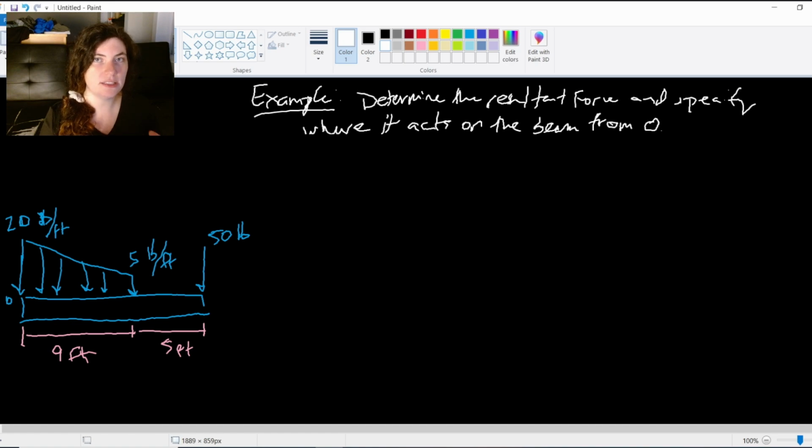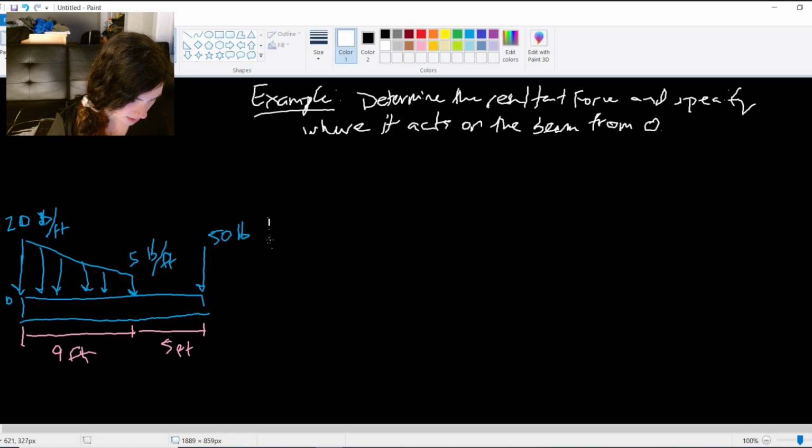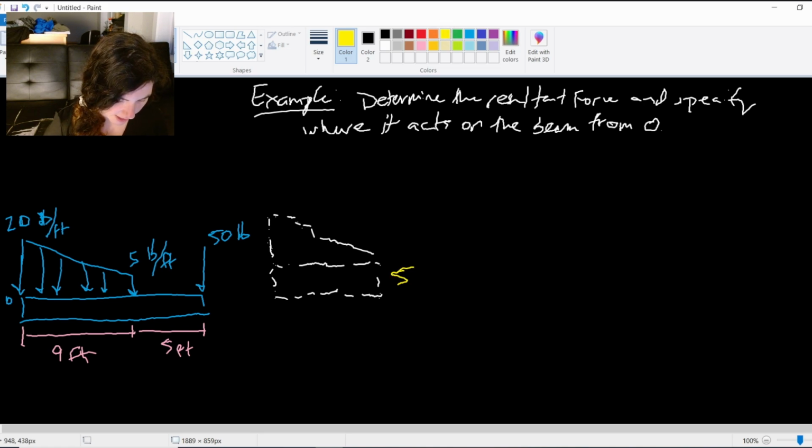So when we break this down into these areas, we should keep in mind that our area 1 is this top triangle that has a rectangle underneath it, right? A rectangle with a height of 5. This is a height of 5 rectangle.